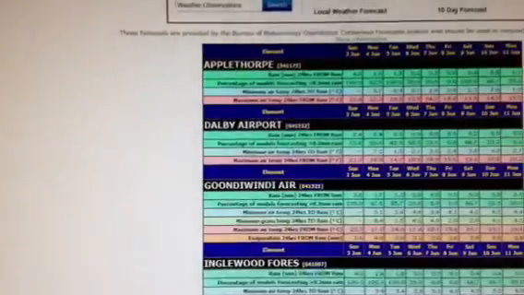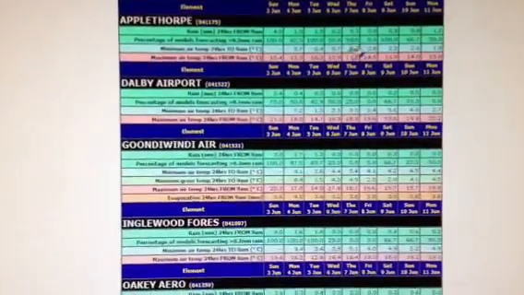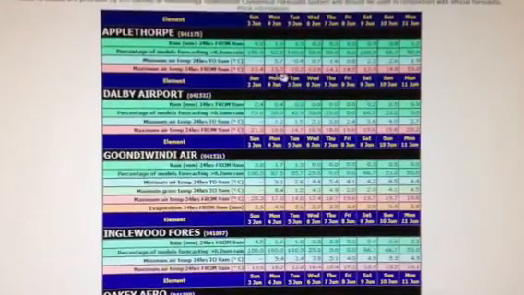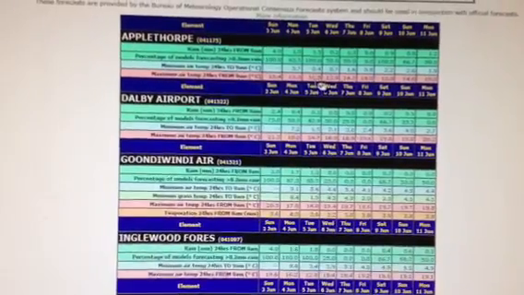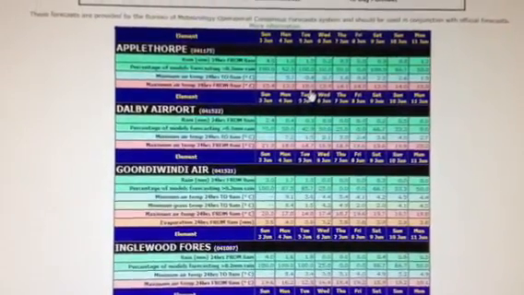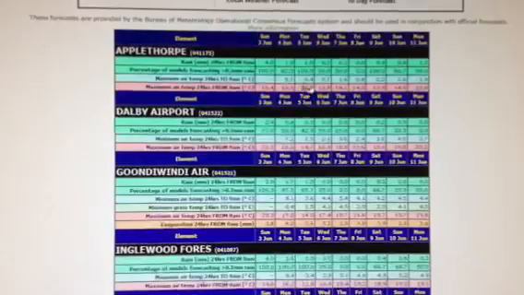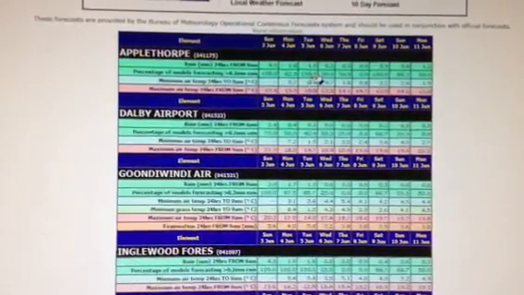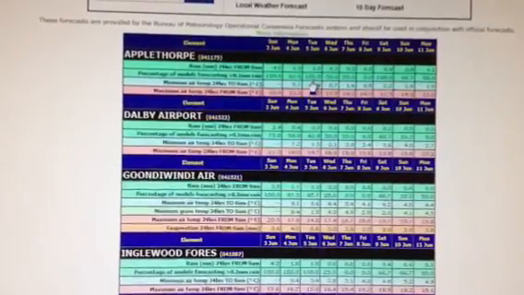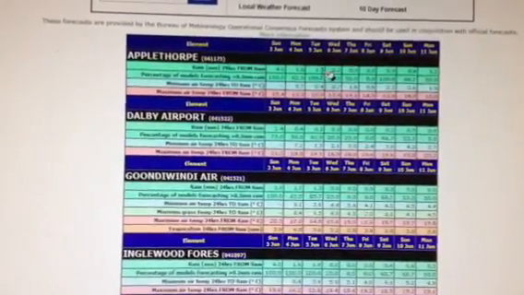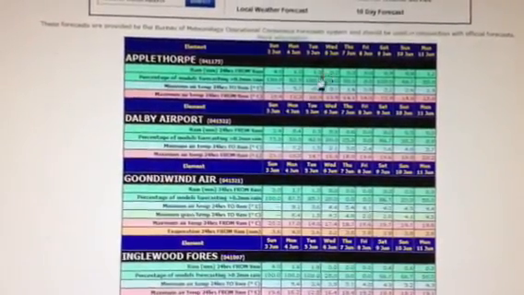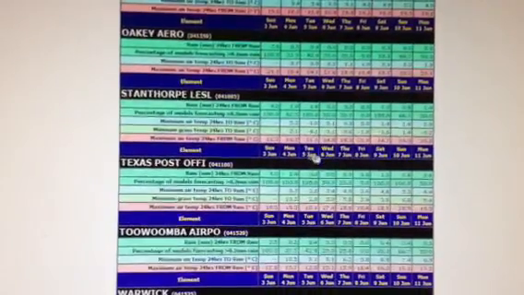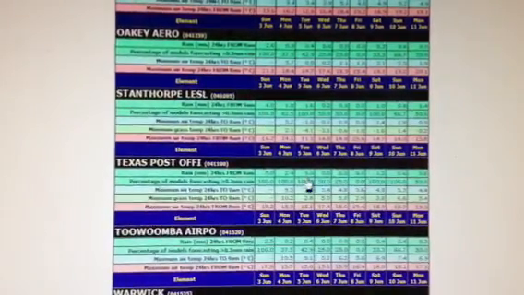I'll now show you some important things we need to look at as far as temperatures and dew points are concerned. Humidity. On Tuesday, the temperature at Applethorpe is forecast to only reach 10 degrees, which is up here where my pointer is. You can't see that, but I can. 10 degrees. Percentage of models forecasting precipitation of rain, 100%, and that amount is 1.5 mil. There are a few little higher totals of around about 3.